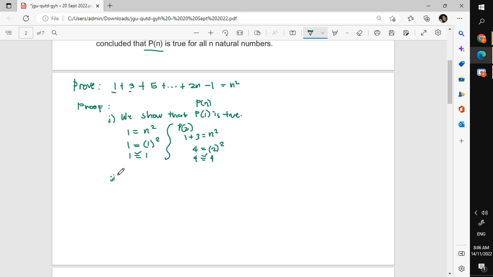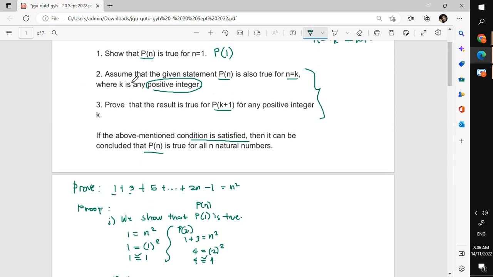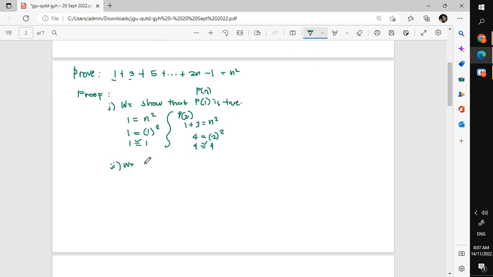Now, in this case, just simply follow the step in here: assume that the given statement is true for n equal to k. So we assume that P of k holds, where n is equal to k.